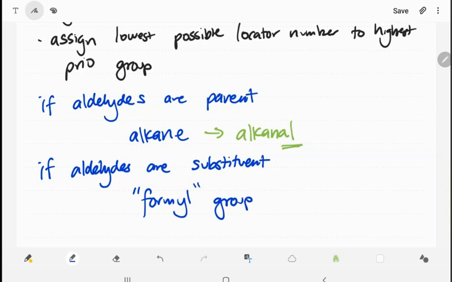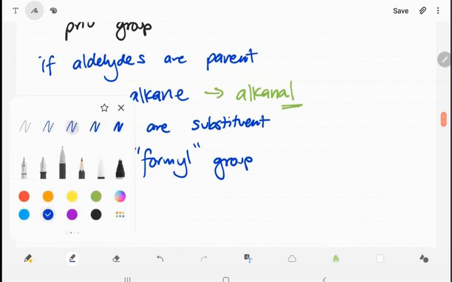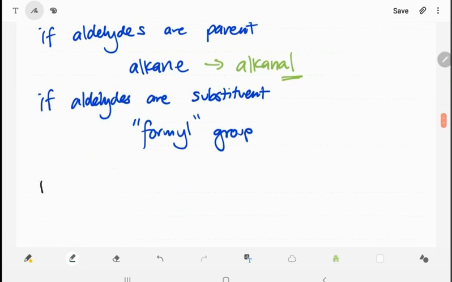So just like you could say chloro, whatever, fluoro, whatever, this is formal, is what it would be called. Not something we're going to see right now. We could see ketones, though, as both parent and substituent. So we'll put those.